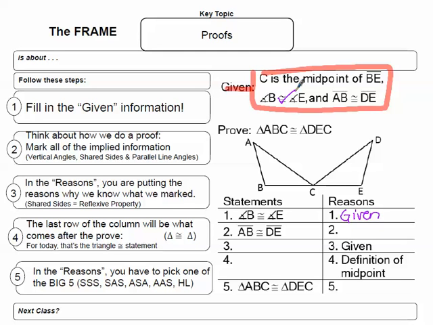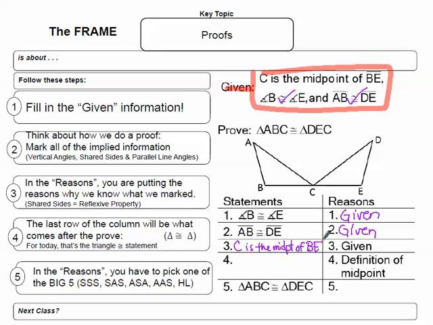The next one is AB is congruent to DE. That's also given. Which one am I missing? The one on the top that says C is the midpoint of BE.